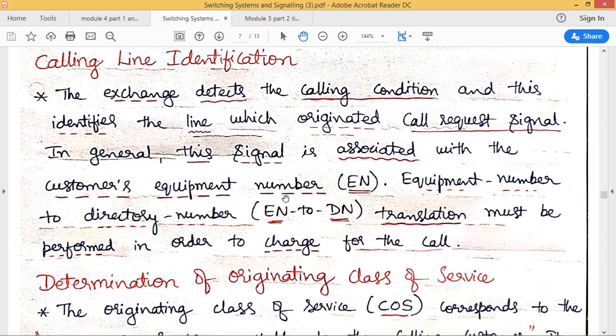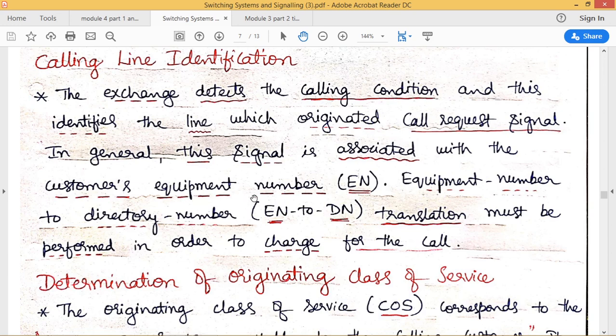Because the exchange must be able to decide which customer is sending the call request signal, the equipment number to directory number translation must be performed by the exchange in order to charge for the call. So generally, from this call request signal the exchange receives the equipment number, and from this equipment number it converts into directory number.